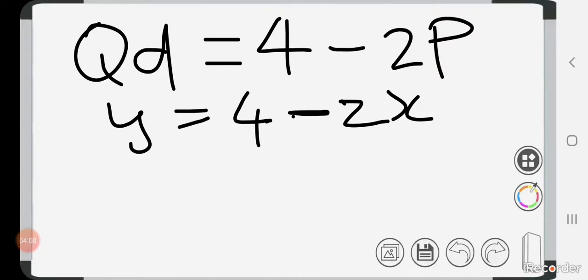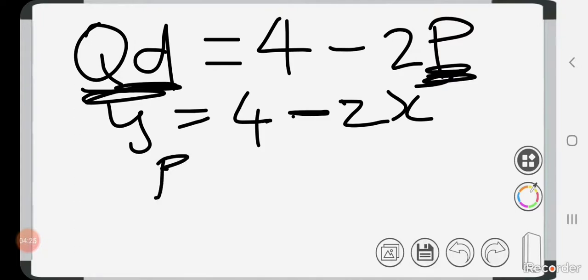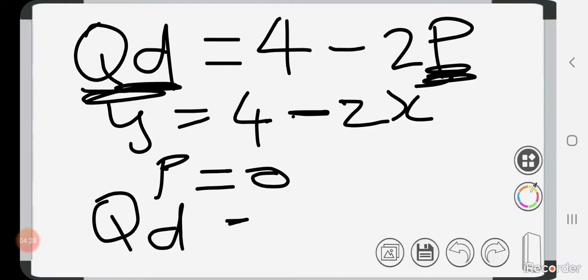We've asked the question about x and y where they are 0, but in actual fact we were talking about p and q. So the question is, if the price is 0, what's the quantity demanded? So if the price is 0, quantity demanded is equal to 4. We've shown it in the calculation of y and x, right?